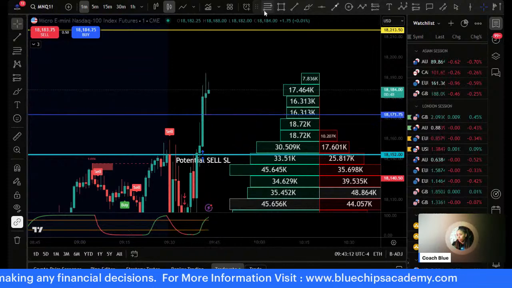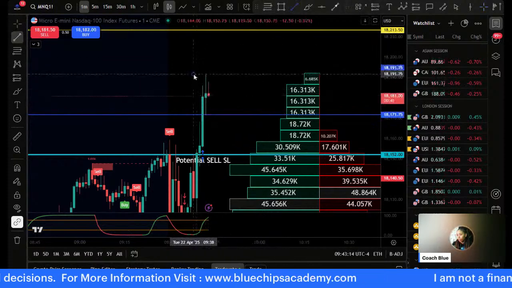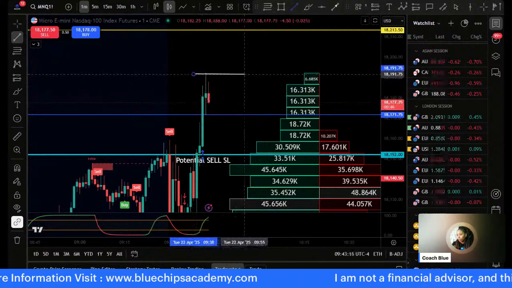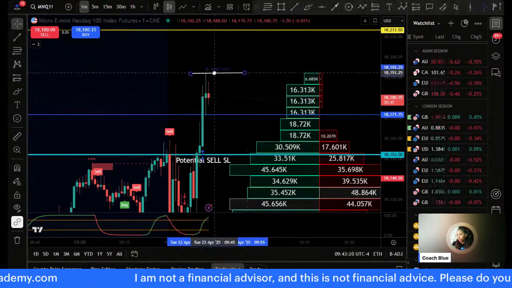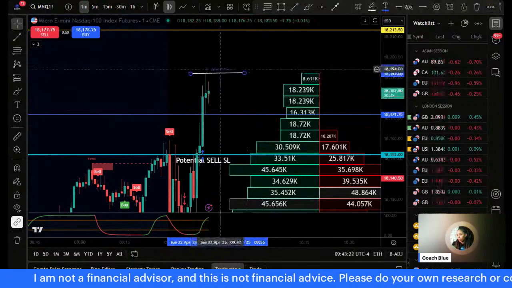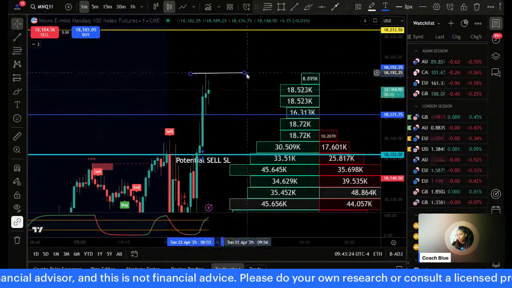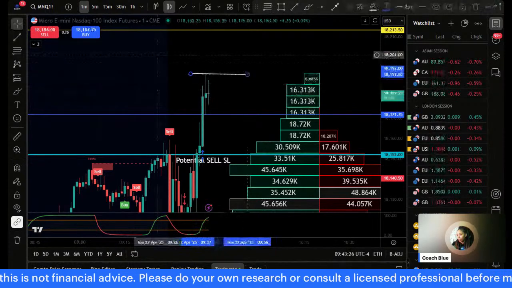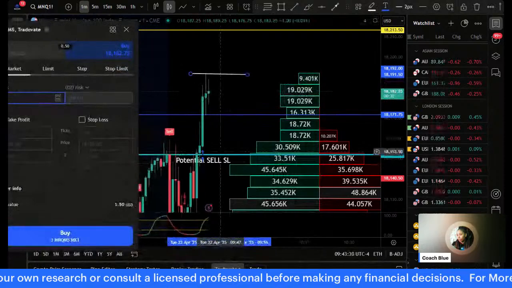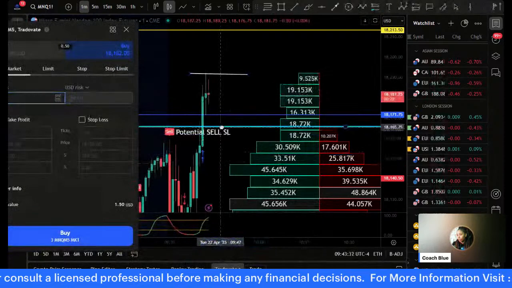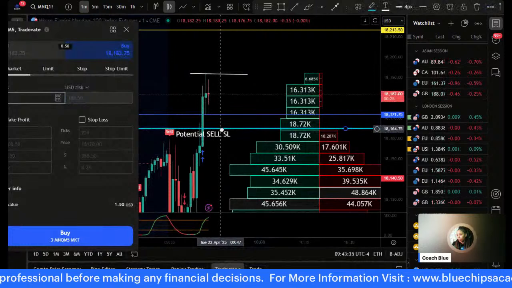So if price closes above here, then I would consider a buy. Let's see if we can get a candle to break past that. If we do, then I'll get into a buy. Okay, so I'm going to get my buy ready. And I can actually adjust my stop loss now to here.